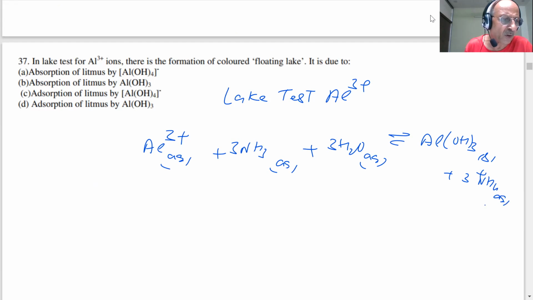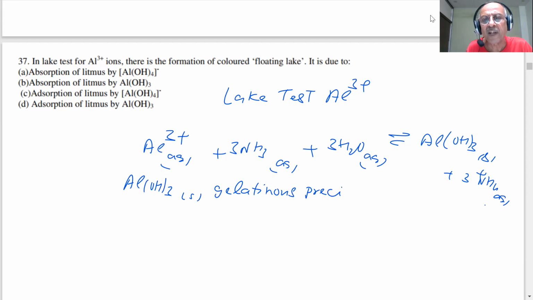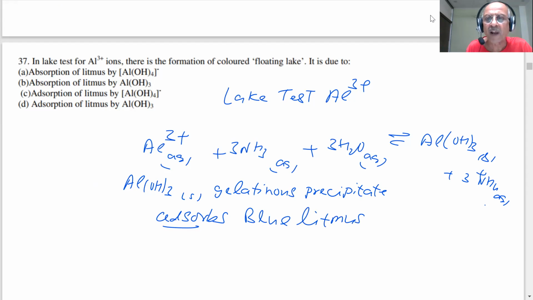Now what is important to note, students, is that Al(OH)3 is a gelatinous precipitate, and it absorbs blue litmus and forms a blue lake, which is a test for the aluminum ions.